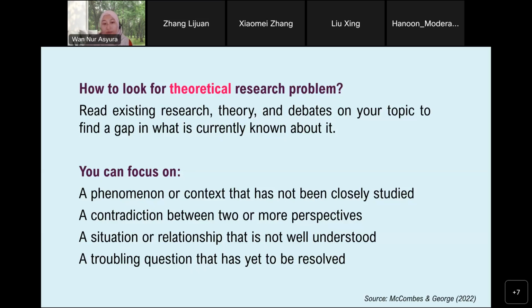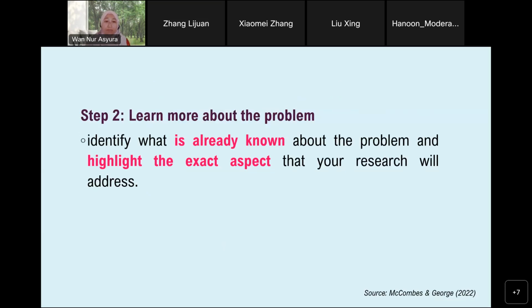If I look at the relationship, a person's level of education has to do with vaccination uptake. So these are the things that you can start jotting down. That means starting from this point, for a theoretical research problem, read some theory or existing model and relate it to the current context or situation. That's the way to find a theoretical research problem.